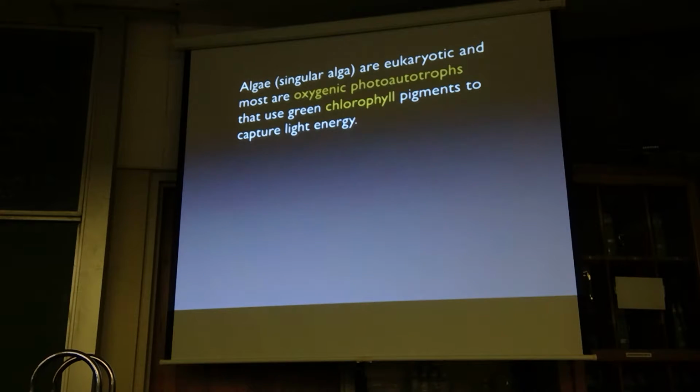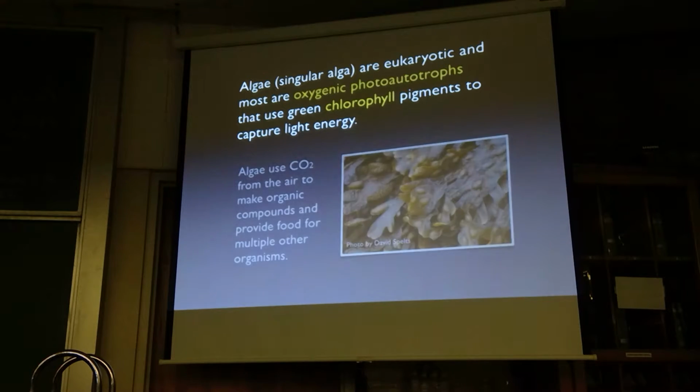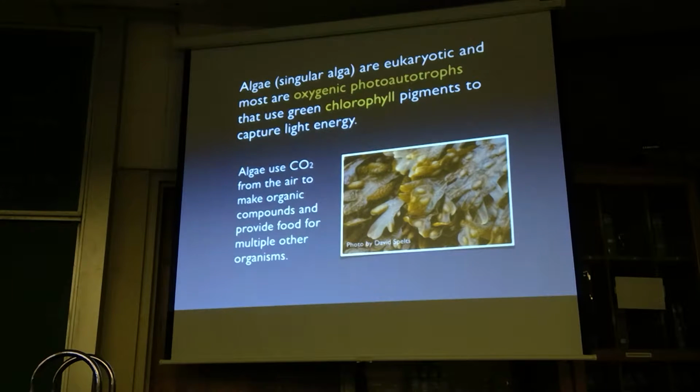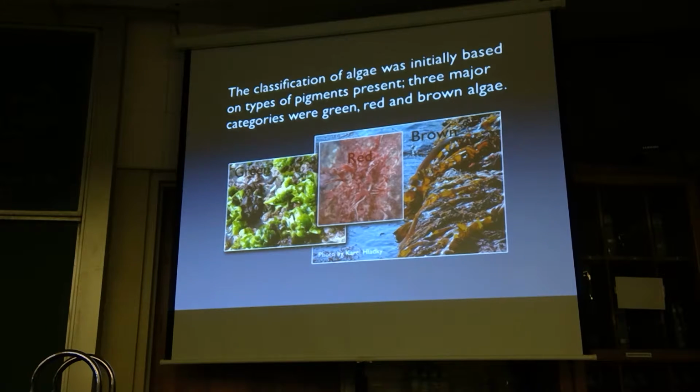They mostly contain green chlorophyll pigments, but some of them have other pigments, and they were originally categorized based on pigment. This is talking about them using carbon dioxide from the air. Well, that's what autotroph means, that they can pull inorganic carbon from the air and use it to make organic compounds, which is then potentially food for other organisms. They are producers at the bottom of food chains and food webs.